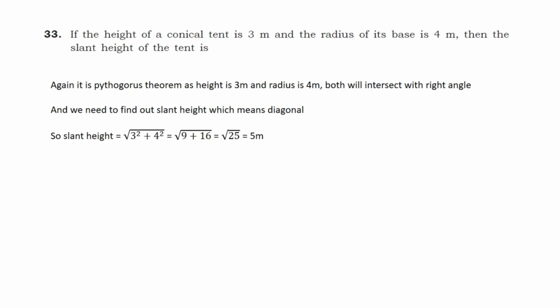As height is 3 meters and radius is 4 meters, both meet at a right angle, and we need to find the slant height, which means the diagonal. So slant height equals root of 3 square plus 4 square, equals root of 9 plus 16, means root of 25, means 5 meters. Okay.